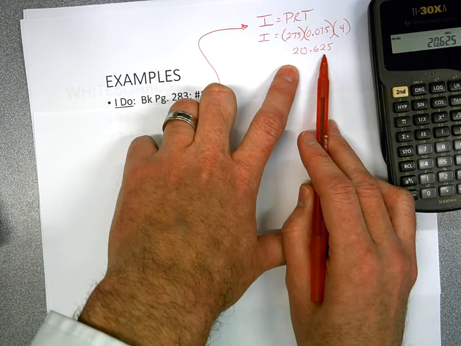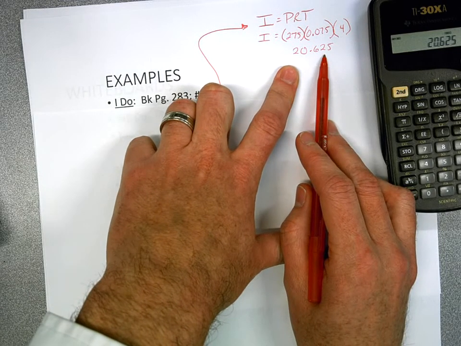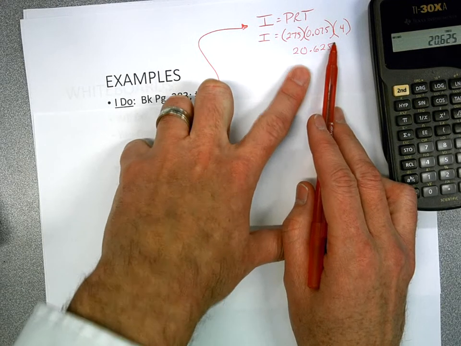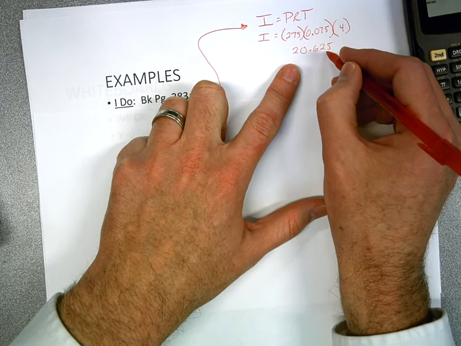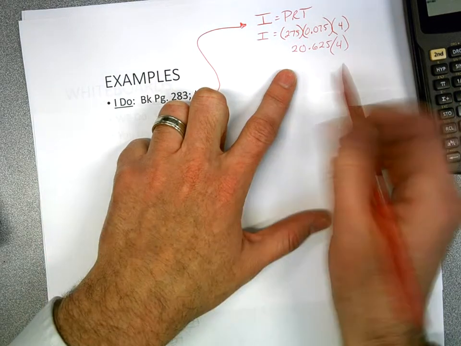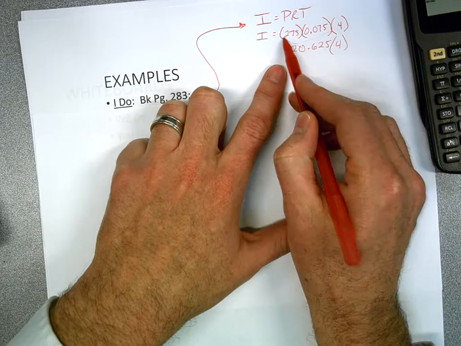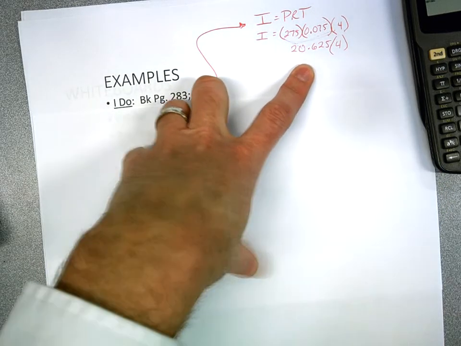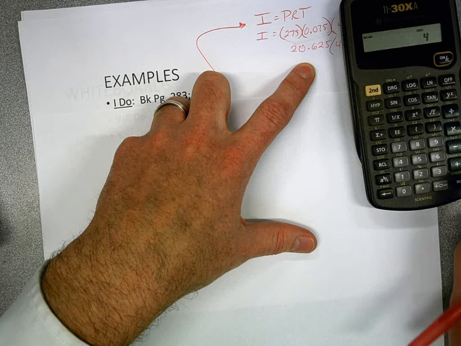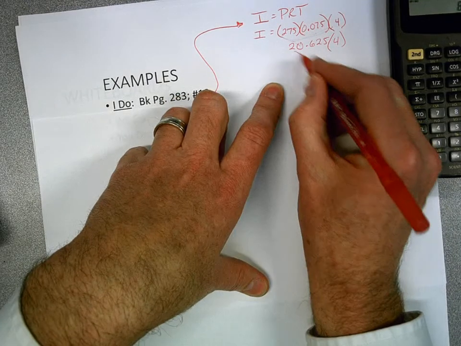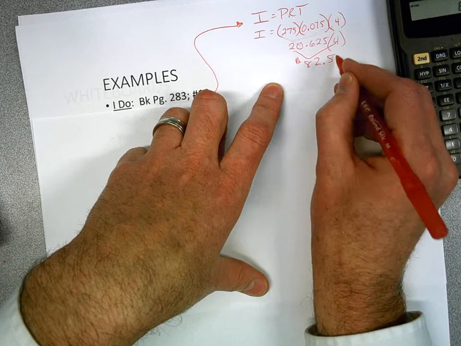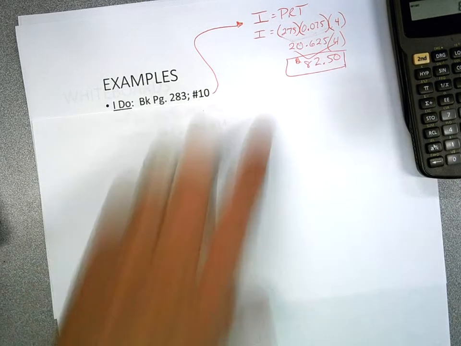That's the extra money I'd have to pay back per year. But I can't forget my 4 years. So as soon as you do your principal with your percentage rate, that's in 1 year. Then you take that number and multiply it by how many years, and that will tell you this is 82.5. I make it look like money, and in 4 years I'd pay a total of $82.50.